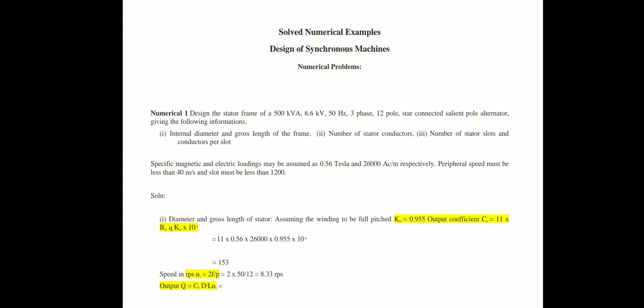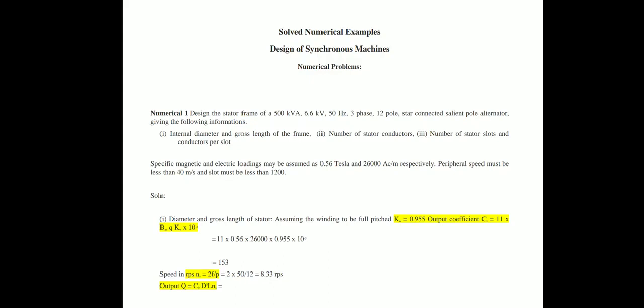By reading the question 2 or 3 times, you will be very clear about what you are actually supposed to do. You can write the given information from the statement of the numerical as I have written on the screen.